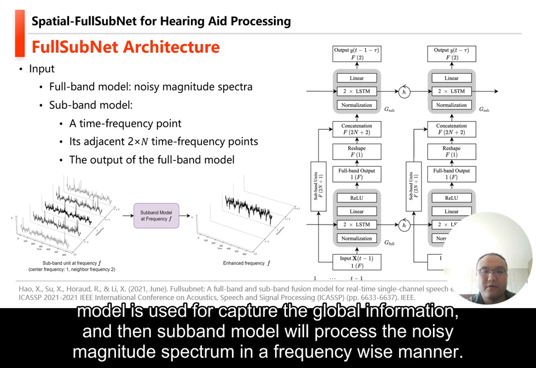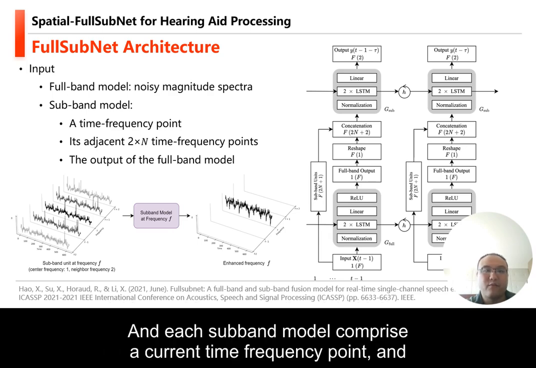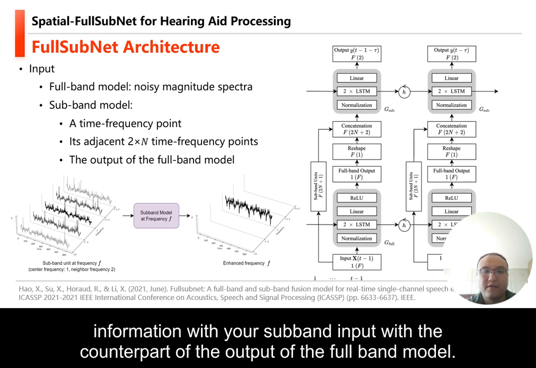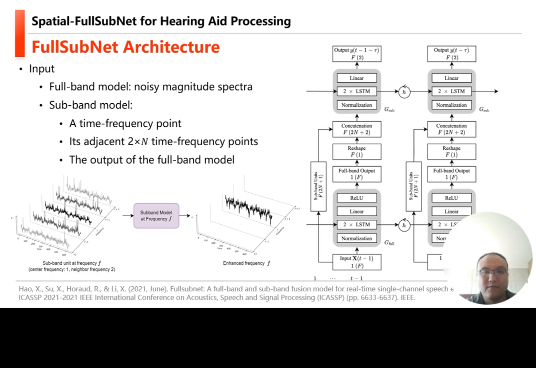Then the subband model processes the noisy magnitude spectrum in a frequency-wise manner, and each subband input comprises the current time-frequency point and its adjacent time-frequency points. To integrate the full-band information, we stack the subband input with the counterpart of the output of the full-band model.